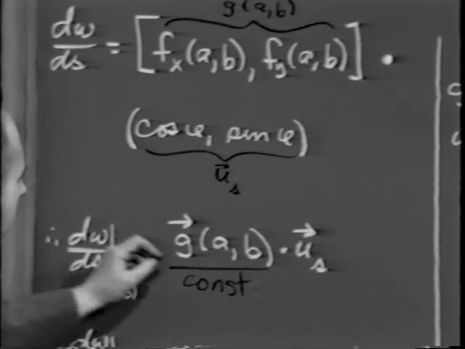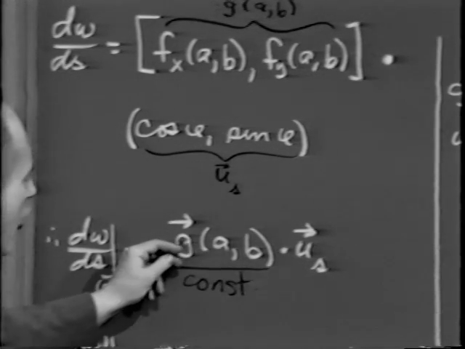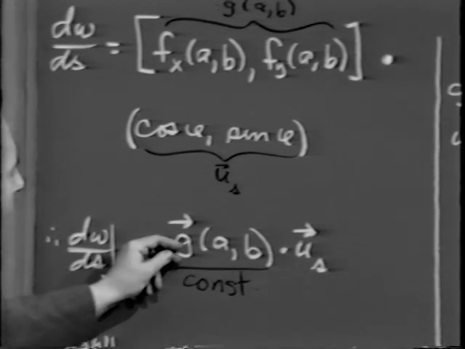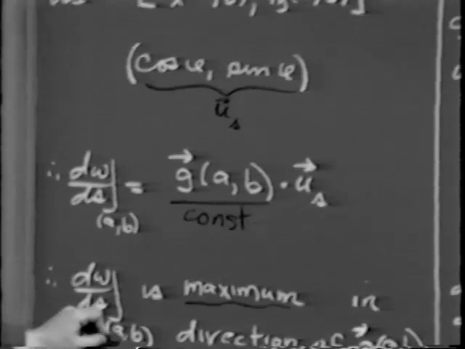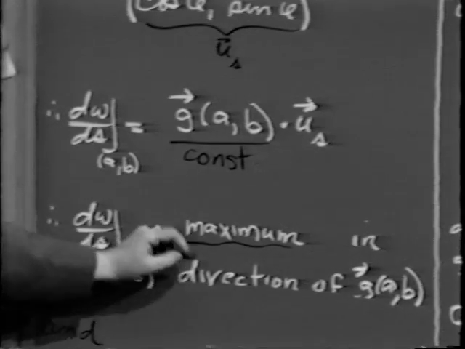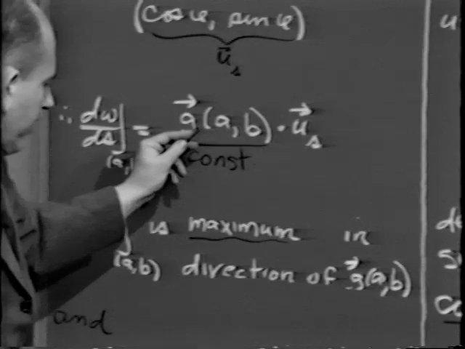In other words, this will be as big as possible when u sub s is chosen to be in the direction of my vector g. In other words, dw/ds at (a, b) is maximum in the direction of g of (a, b). That's the first thing to observe.